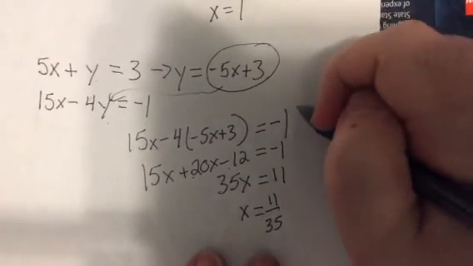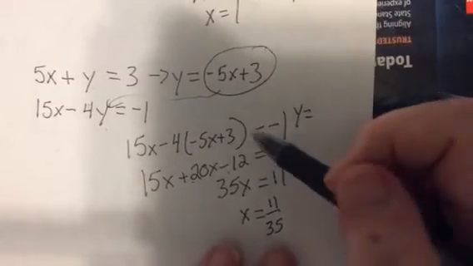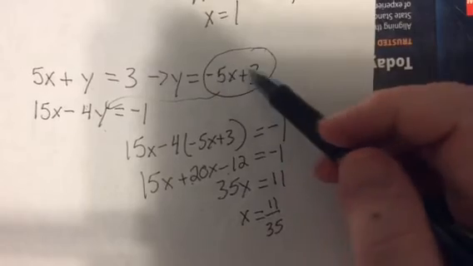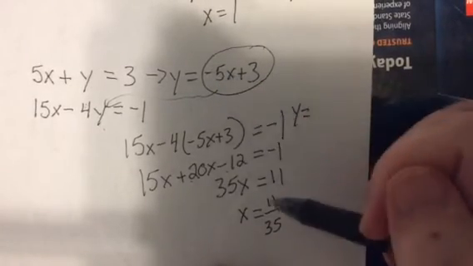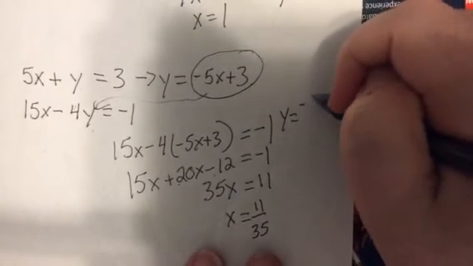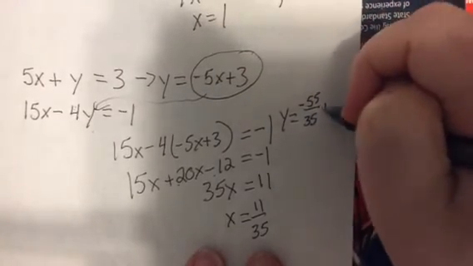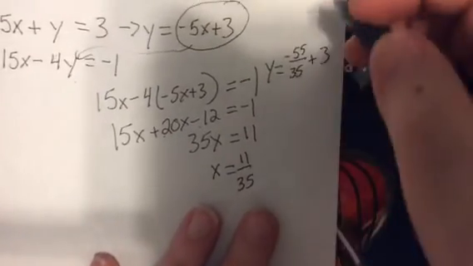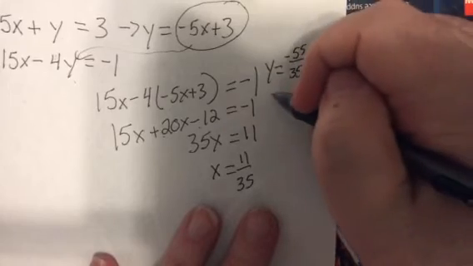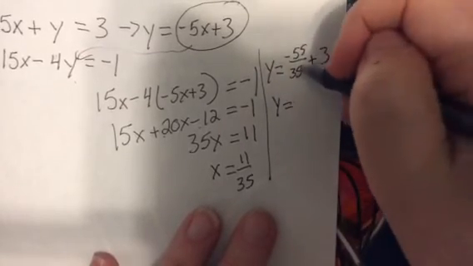So y equals negative 5 times 11 over 35 plus 3. So you multiply negative 5 to the top, so it'd be negative 55 over 35 plus 3. Holy cheese, I wouldn't put something this nasty on a test. I probably wrote the problem down wrong, but hey, life is good.